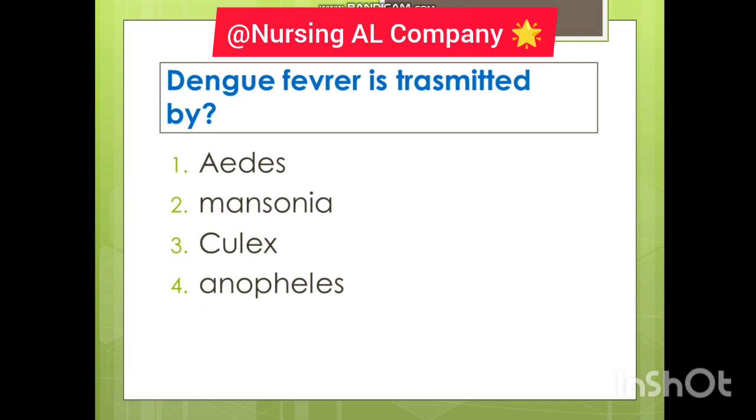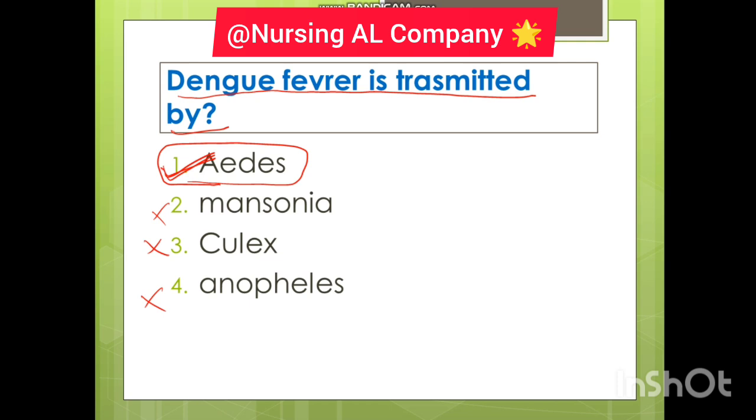Dengue fever is transmitted by? Is it transmitted by Aedes, Mansonia, Culex, or Anopheles? The right answer is Aedes. Dengue is caused by Aedes, not by Mansonia, not by Culex, not by Anopheles.